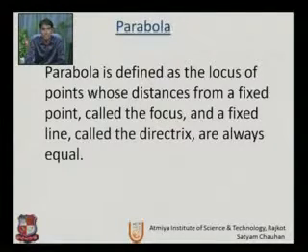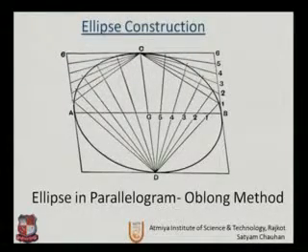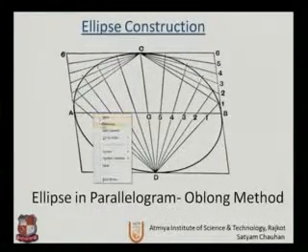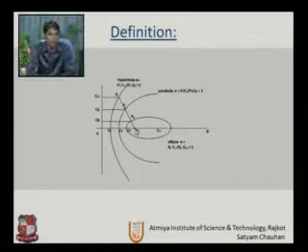So the parabola is a curve which is at a fixed distance. We can see on this figure that the parabola is a curve. So our second one is the parabola, which is at a constant distance from a focus and the vertical line, the directrix.